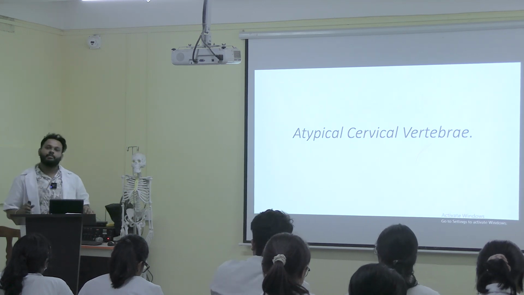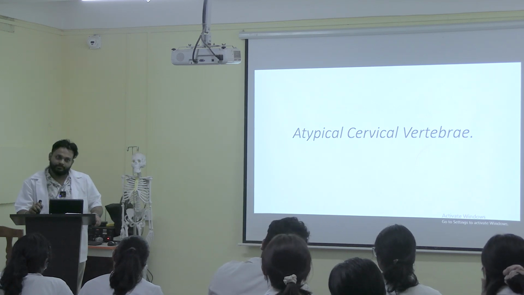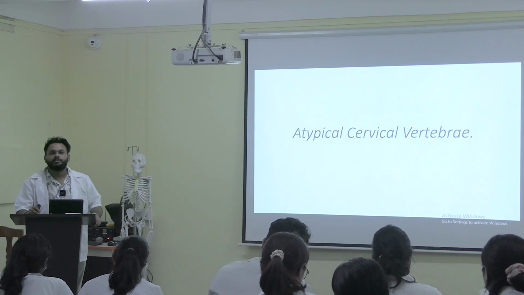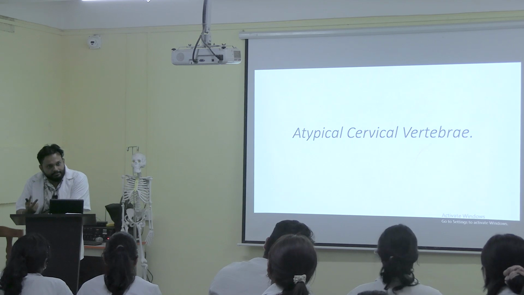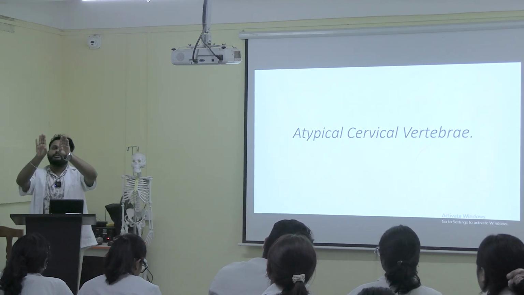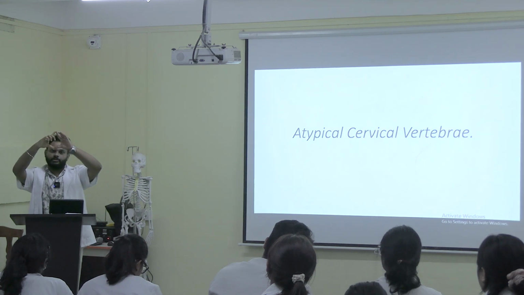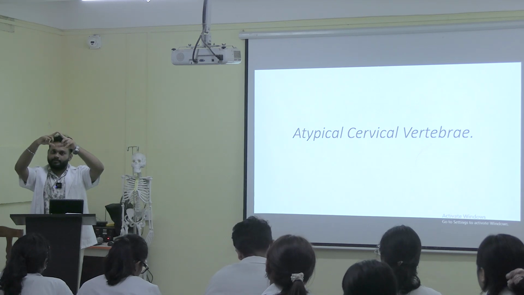The Atlas cervical vertebra does not have any body. It doesn't have a body and it doesn't have a spine. Atlas cervical vertebra में ना spine है ना body है. There are 2 lateral masses, दोनों एक साथ फ्यूज होता है, जुड़ जाता है. सामने है anterior arch, there is anterior tubercle, पीछे है posterior tubercle.